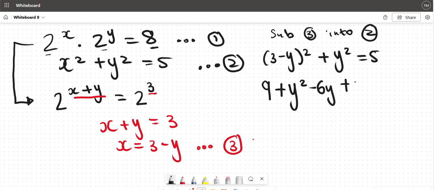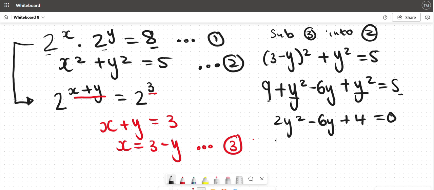You get that. Get into the habit of doing it, guys. It's so nice how you can expand that without actually writing it out as FOIL. So this and that gives me a 2y squared. I have my negative 6y there, and a 9 minus a 5 is a plus 4.